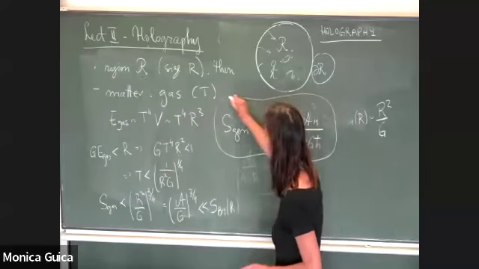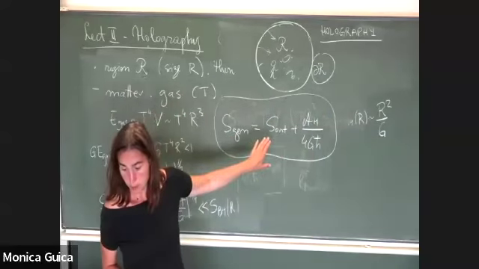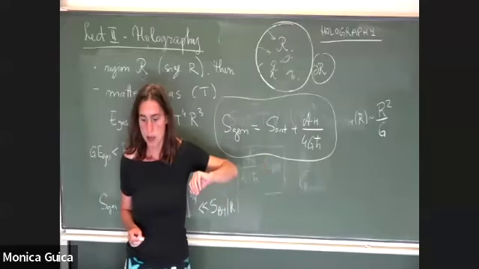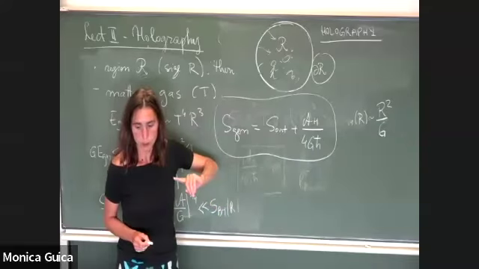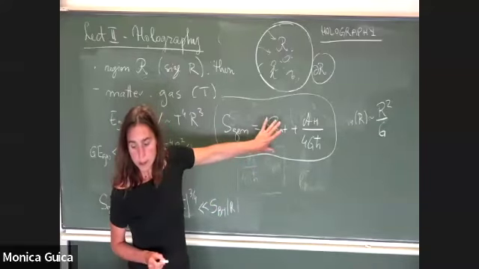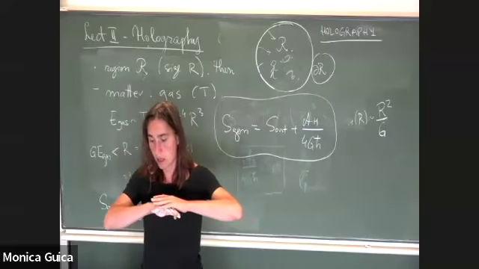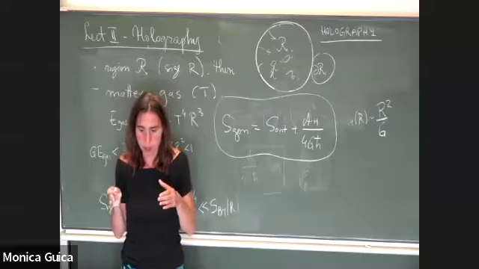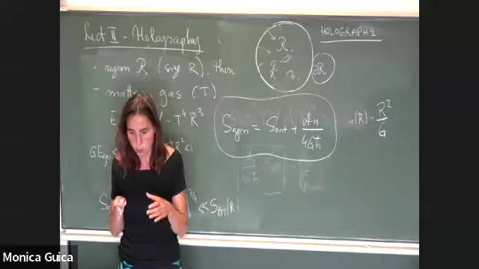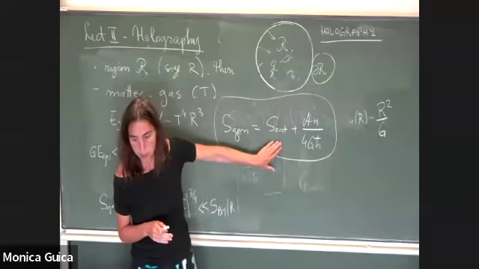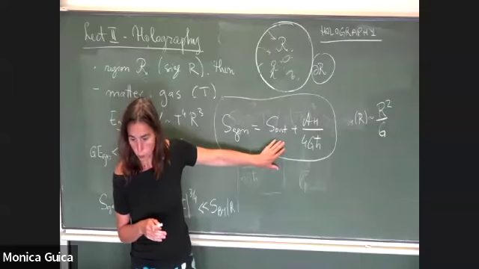This is the generalized entropy, and you can wonder what exactly this matter entropy outside the black hole is. Actually, I think in the beginning, they were even trying to interpret black hole entropy like that. You can think of the matter entropy as entanglement entropy of the matter fields across the black hole horizon. I'm saying this for those people who know entanglement entropy, and I'm assuming the person who asked this question knows what entanglement entropy is. So you can think of this as entanglement entropy for the quantum fields outside the black hole horizon.